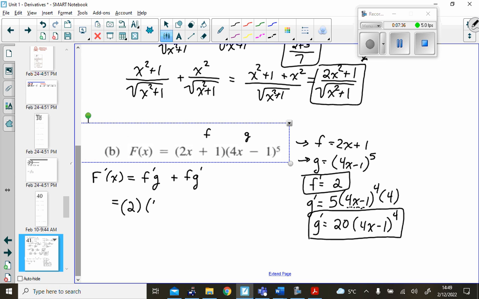G was 4x minus 1 to the 5th power. F is 2x plus 1. And g prime is 20 and 4x minus 1 to the 4th power.